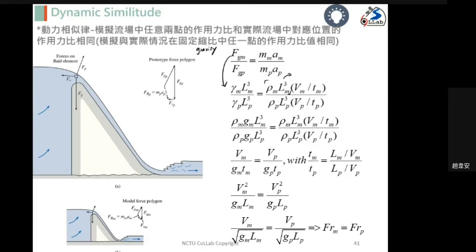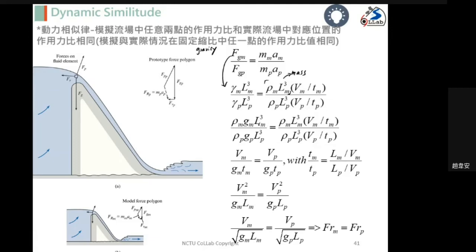And we know that the acceleration can be computed from the velocity divided by the time interval. We just rearrange the equation balance, and then on the left hand side the upper is rho g L cubed for the model and the bottom is rho g L cubed for the prototype, and the right hand side is rho L cubed and the velocity divided by the time interval.